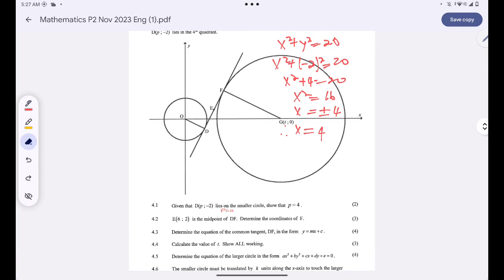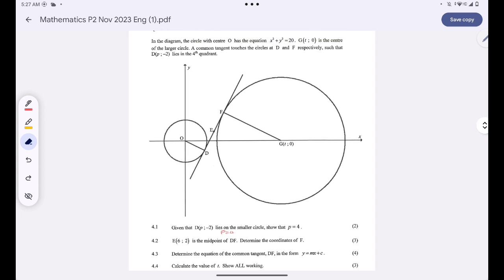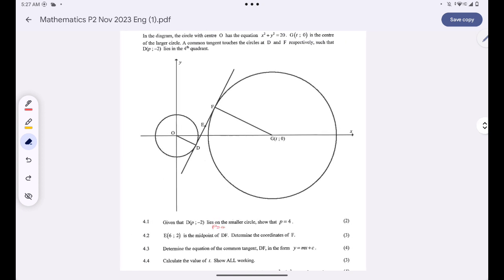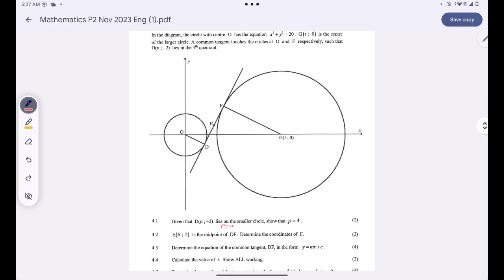Okay, and then now we are supposed to, given that E is (6, 2), and E is the midpoint of DF, determine the coordinates of F. How can we do so? I know that the x value at E, we'll get it by saying x value at D plus the one at F all over 2.